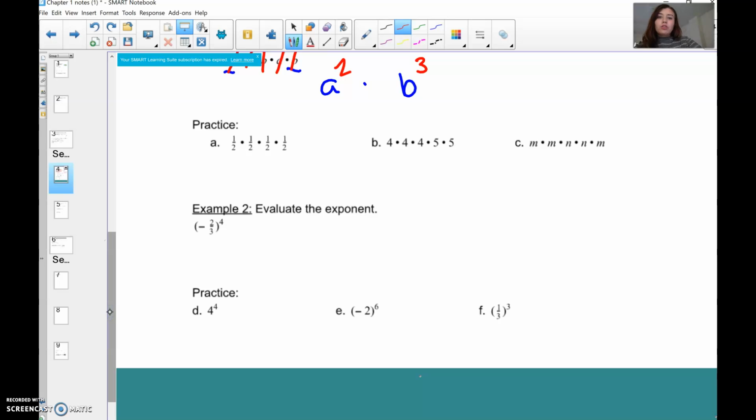So for example 2, we're going to evaluate the exponent. Evaluate just means to find the number. Find the value. So you're just going to plug that into your calculator. If you don't have your TI-30, what we're going to need to do is rewrite this. So we have our base as -2 thirds. How many times is that being multiplied? 4 times.